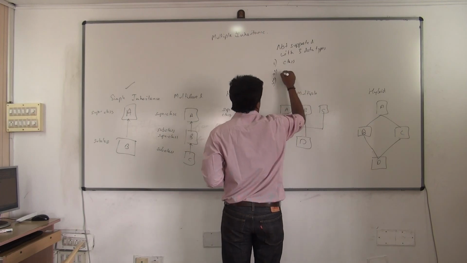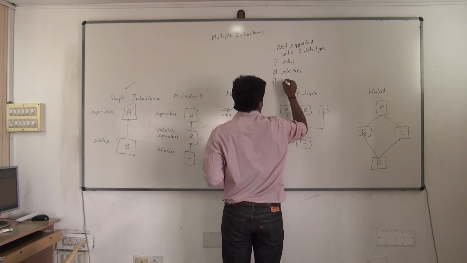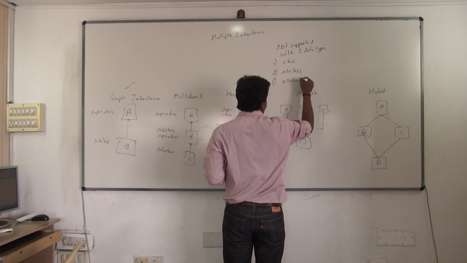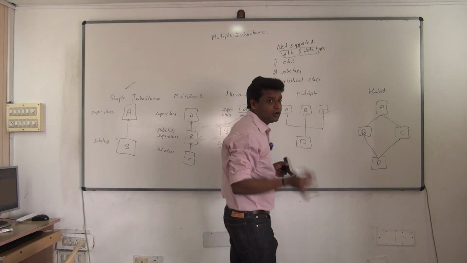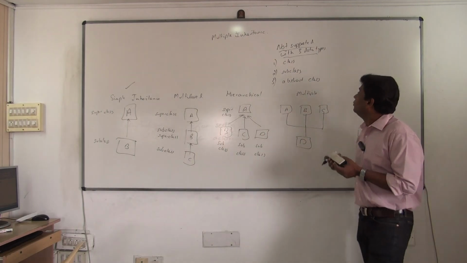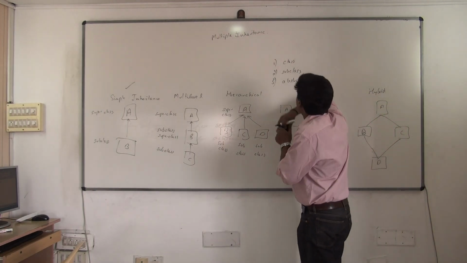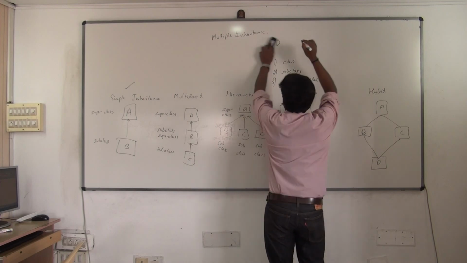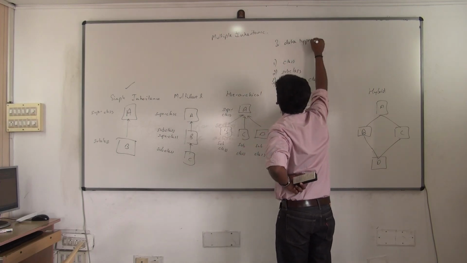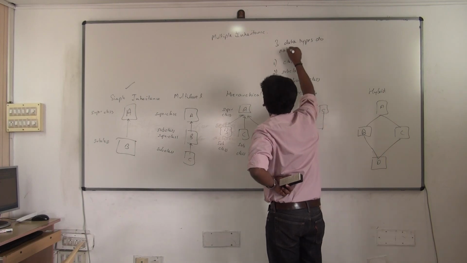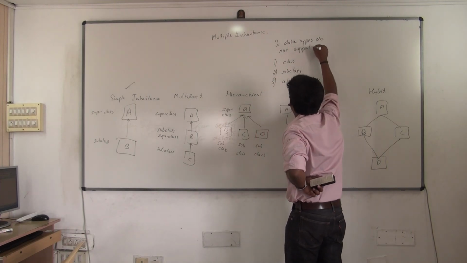Class, subclass, and abstract class. So these three data types do not support multiple inheritance.